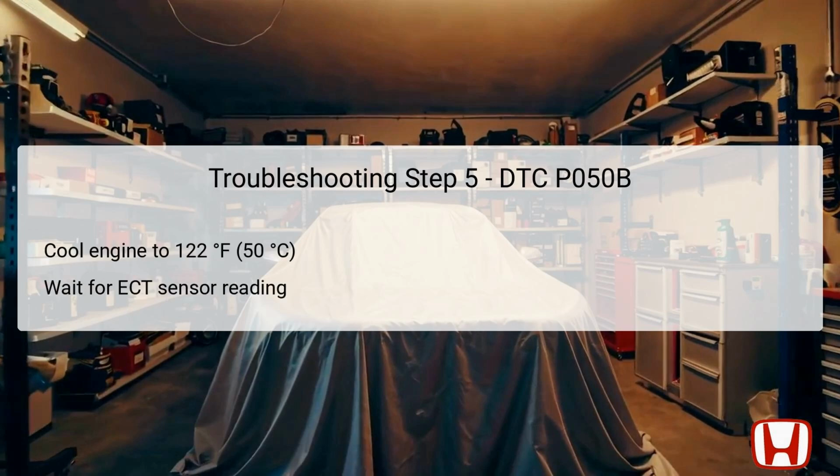The next step in troubleshooting involves letting the engine cool down until the reading from ECT sensor 1 reaches 122 degrees Fahrenheit, 50 degrees Celsius, or less. The engine coolant temperature sensor plays a crucial role in providing accurate temperature readings to the engine control module, which adjusts the ignition timing accordingly.